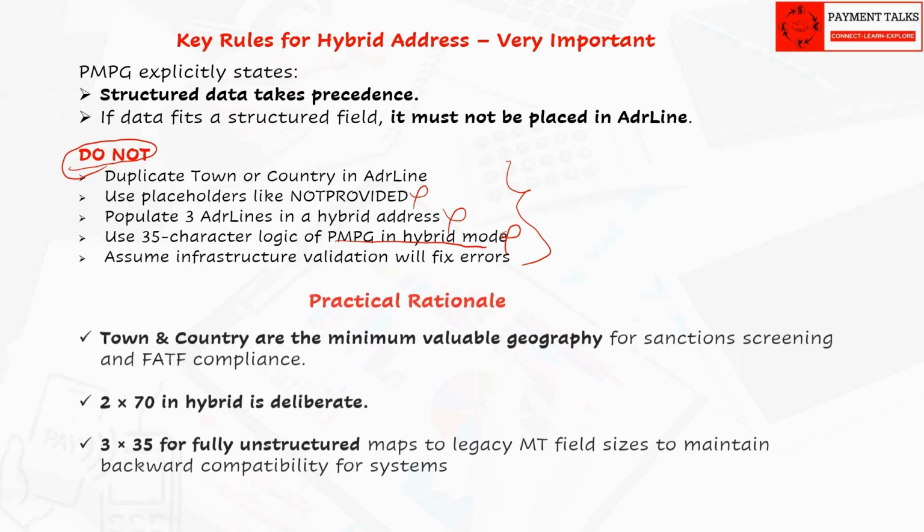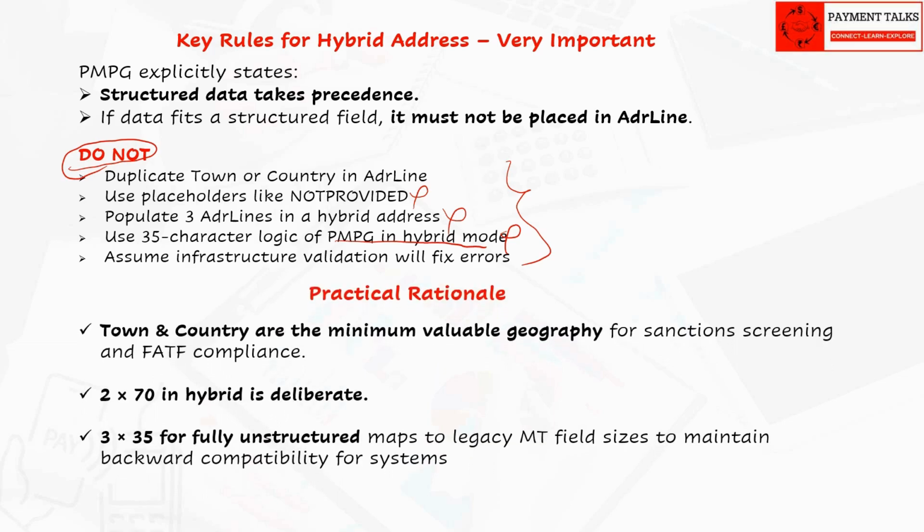Let's see the practical rationale behind these decisions by PMPG. Town and country are minimum valuable geography for sanction screening and FATF compliance. FATF revised R16 rule to emphasize country and town as key elements for beneficiary identification.